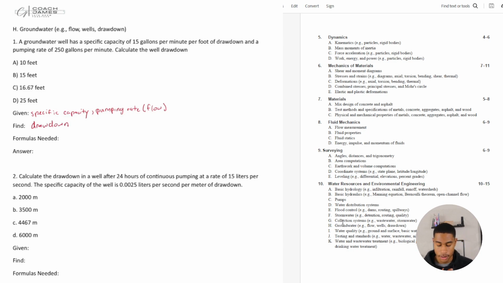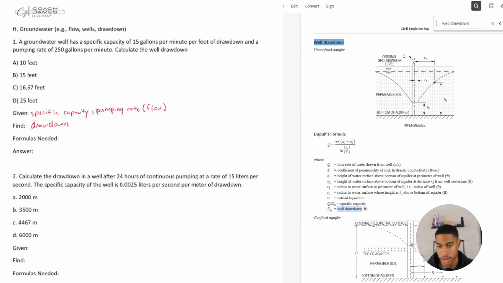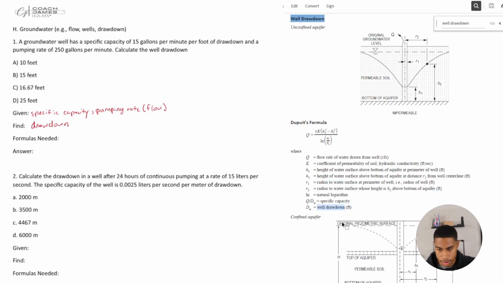Okay, so what are the formulas needed for this? I don't know. Let's just look up well drawdown. Well drawdown, all right. DW, Q is the flow.